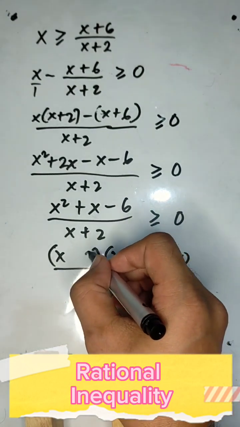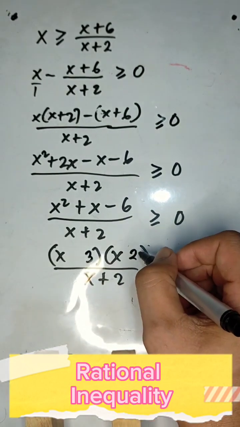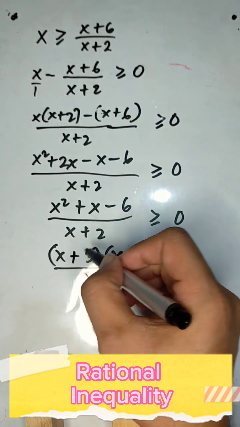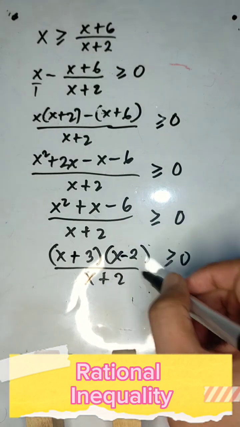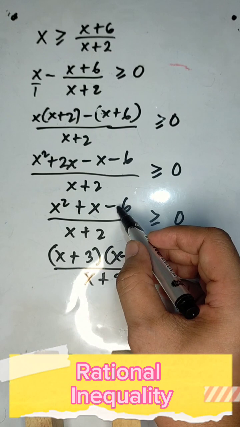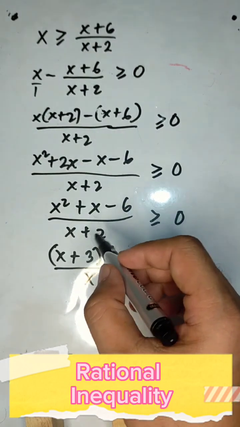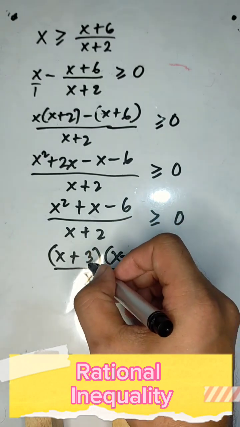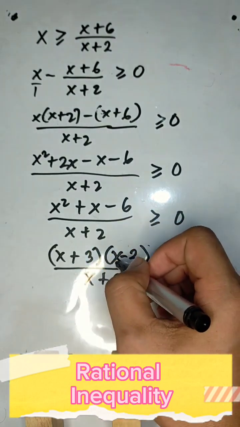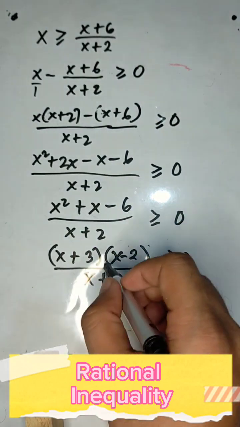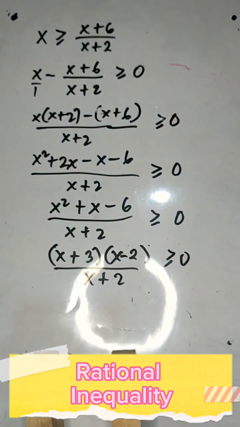Now that's positive, so let's take positive 3 and minus 2, because if we multiply positive 3 times negative 2, that gives us negative 6. And then for the O and I of our FOIL, positive 3x minus 2x gives us positive x, which is the middle term. Okay, this is the factor of our numerator.